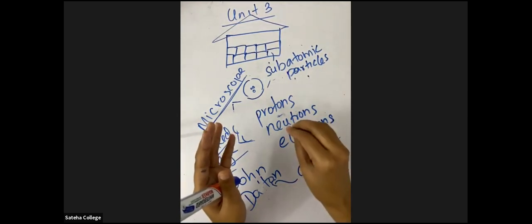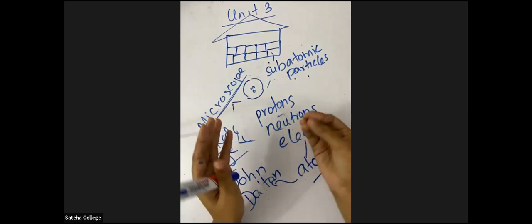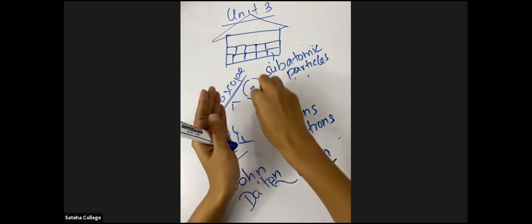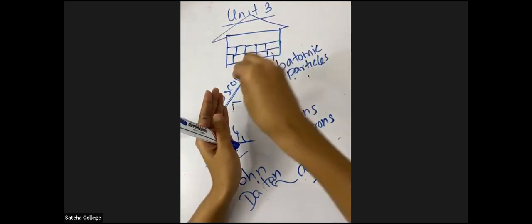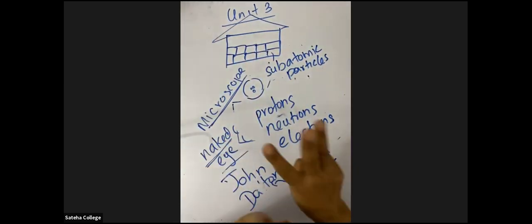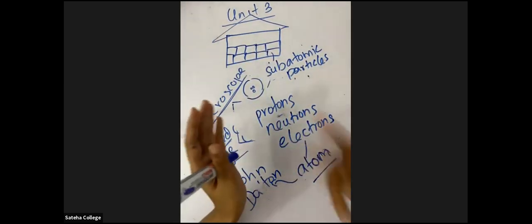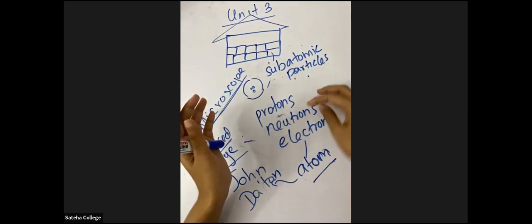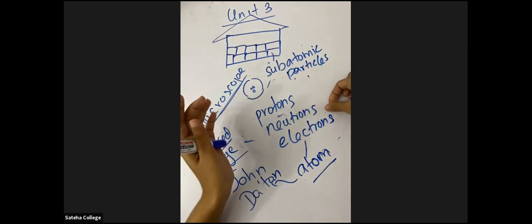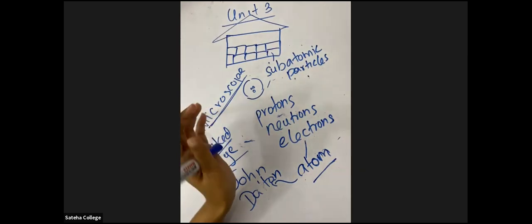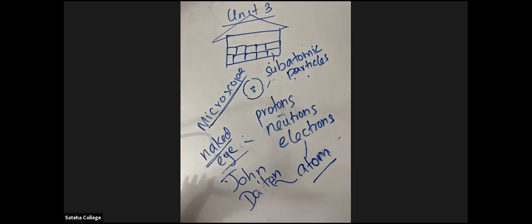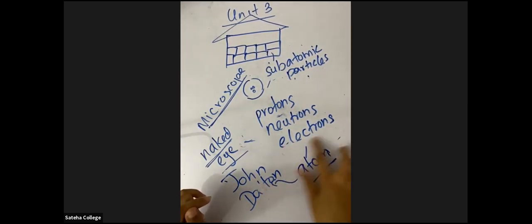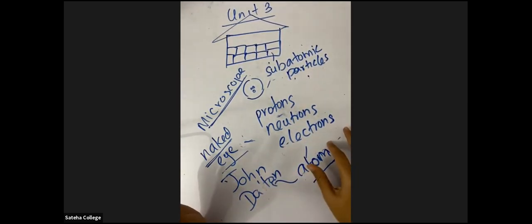The small particles which are found inside an atom. What are the three subatomic particles? Say with me. Proton, neutron, and electron. Did you all understand up to that? So now the story has stopped here. Are you all clear up to here?